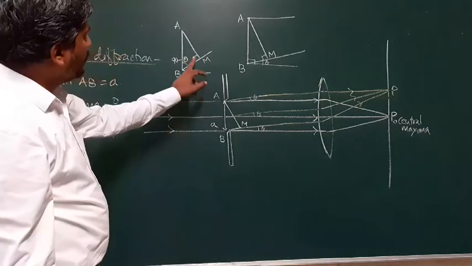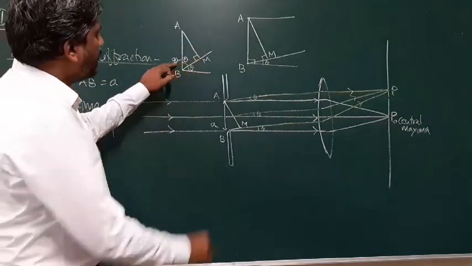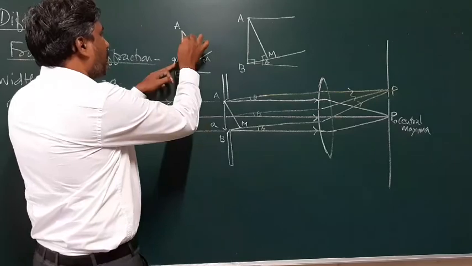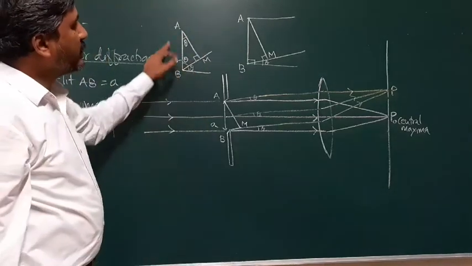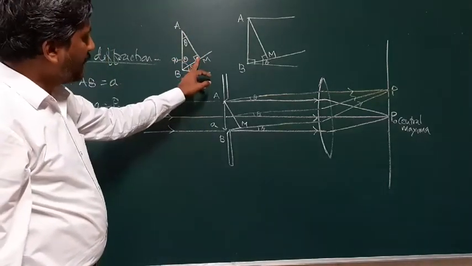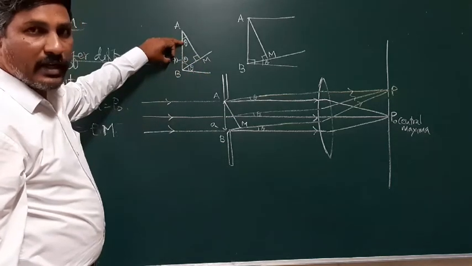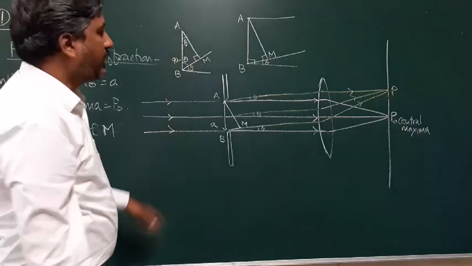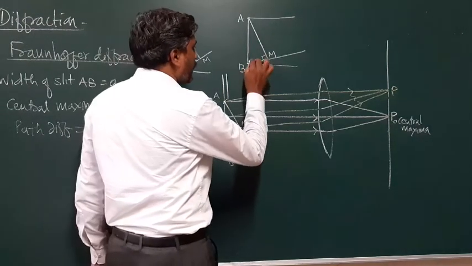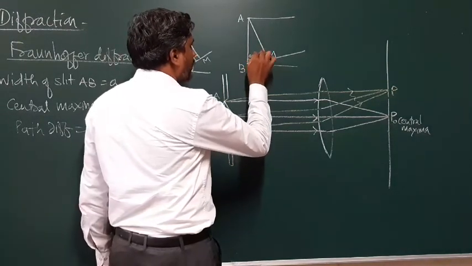Are you getting this? This is 90. This is 90 minus theta. So obviously this is theta, because the total measure is 180 degrees. So if it is 90 minus theta plus theta, it becomes 90. 90 plus 90 is 180 degrees. So this angle is my 90 minus theta.